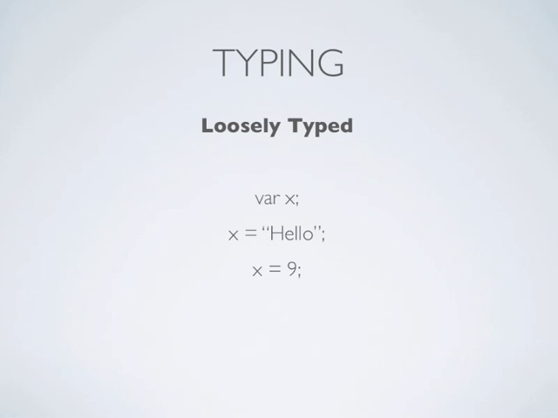The third statement then, when we assign a value of 9 to the variable, again changes its data type. This time it changes to the numeric or the number data type. So in these 3 statements, the variable x goes through basically 3 changes, from non-existence to undefined, from undefined to string, and then from string to number.